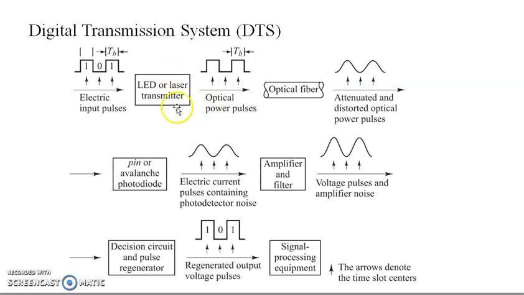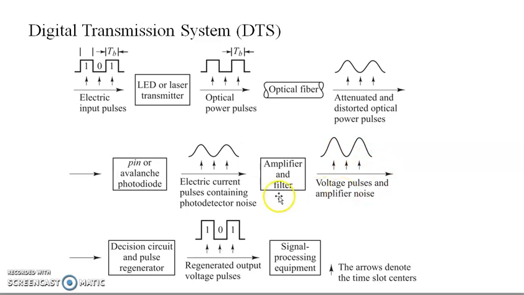Then we receive that using a PIN diode or a photodiode. This photodiode produces electric current pulses, which are used here. Here we can apply a front end receiver, and we need to see what noise is present in this front end receiver.